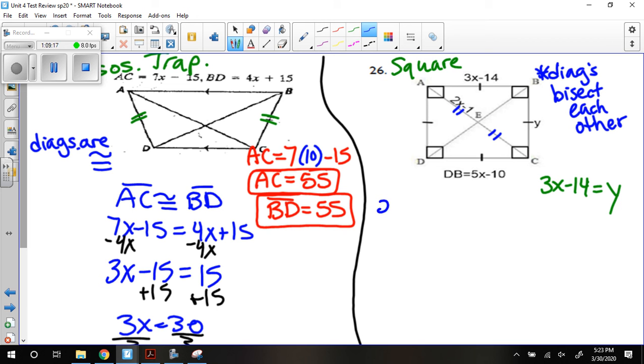So I can say that 2x minus 1, you know what? Hold on. I can label this with a 2x minus 1 as well. Hold on, let me rewrite that.